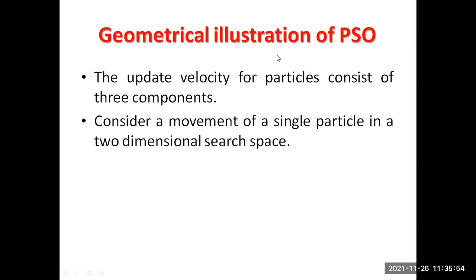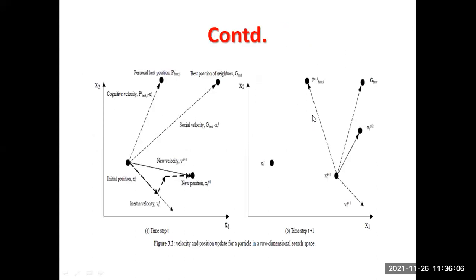Now consider the movement of a single particle in a two-dimensional subspace. Here you see we have a particle. The initial position of the particle is xi, and it is moving with a velocity vi.